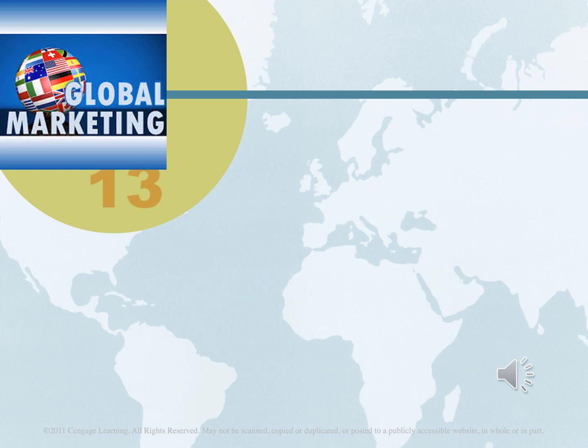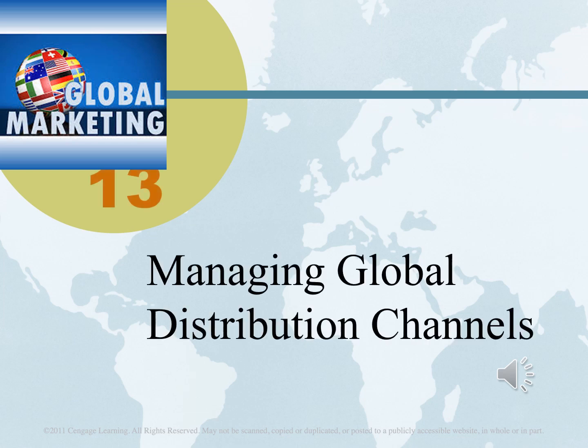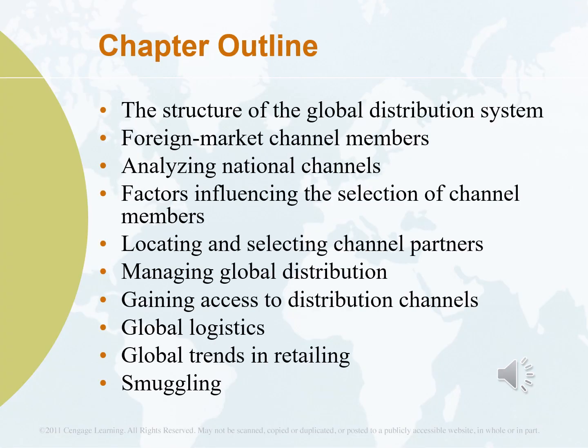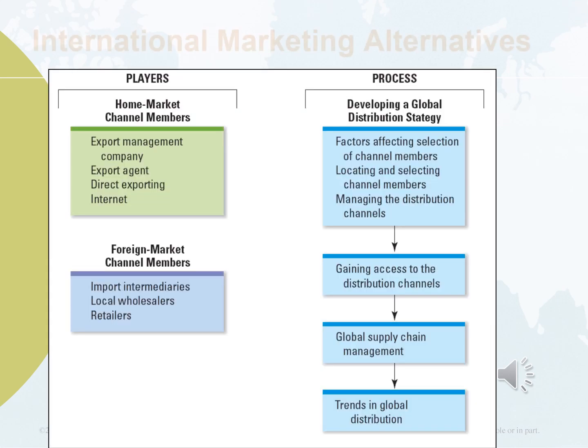First, in chapter 13, we talked about how to manage global distribution channels. We talked about the structure of the distribution system, how to analyze your national channels, the factors influencing your selection of channel, how to locate and select channel partners, how to manage your distribution, global logistics, and global trends in retailing and smuggling.